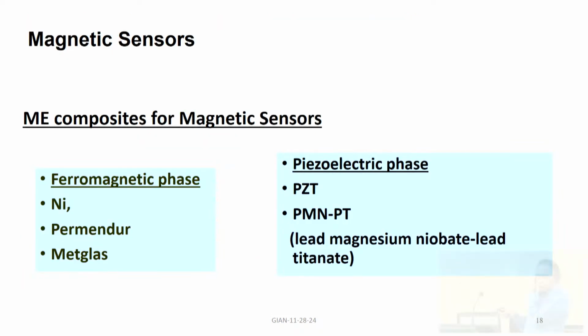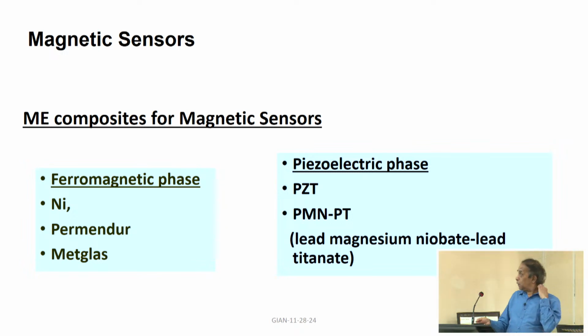So, there are by now what you can select for a magnetic sensor for the ferromagnetic phase and the piezoelectric phase. You can choose nickel, permendur, Metglas, they have pretty good magnetostriction, and most of our collaborators used iron gallium boron, that is pretty good too. On the piezoelectric side, you can use a ferroelectric such as PZT, PMN-PT, or a pure piezoelectric such as aluminum nitride or quartz.